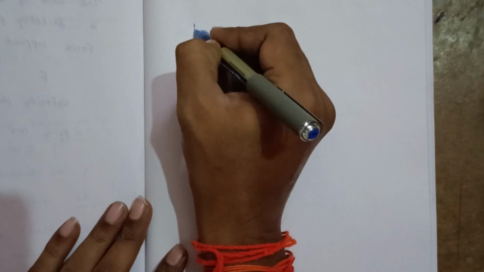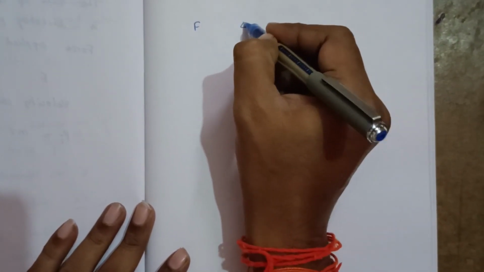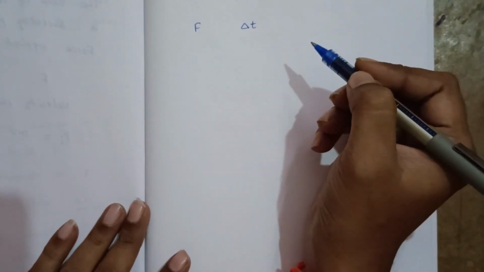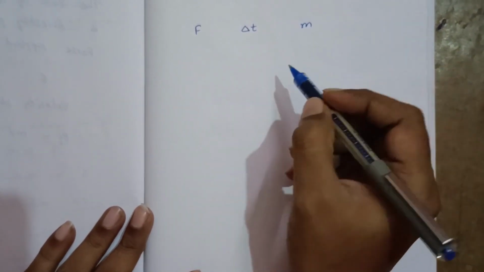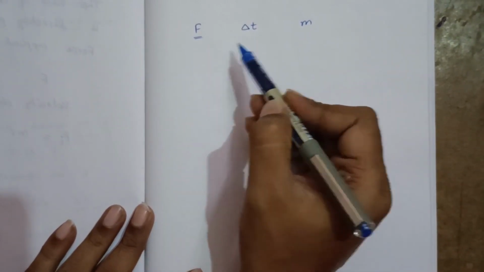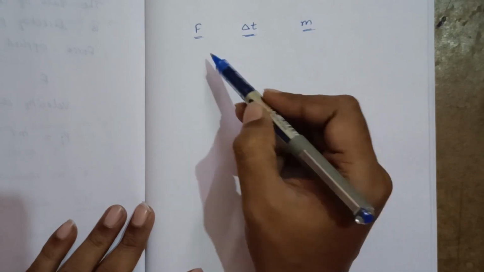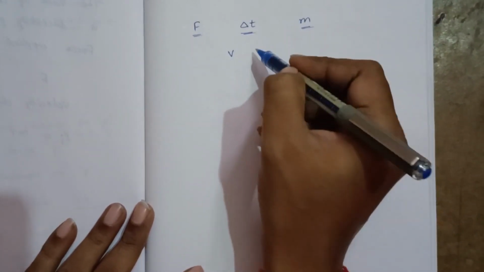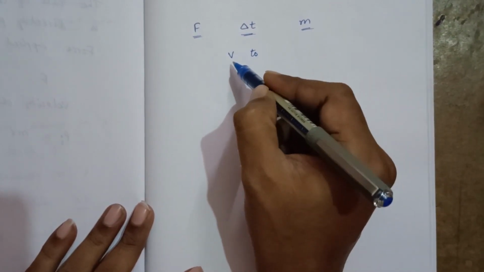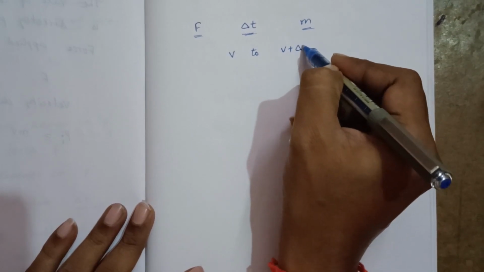Whenever we apply a force on a body of mass m in a time delta t, due to this force its velocity changes from v to v plus delta v.